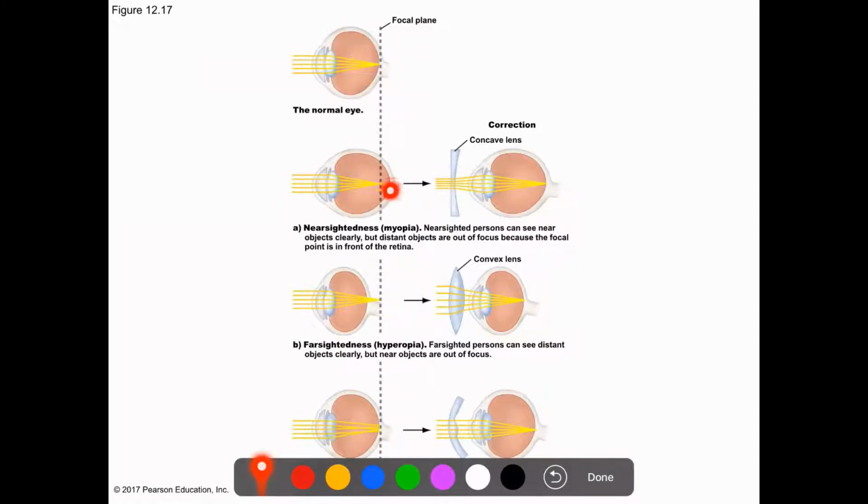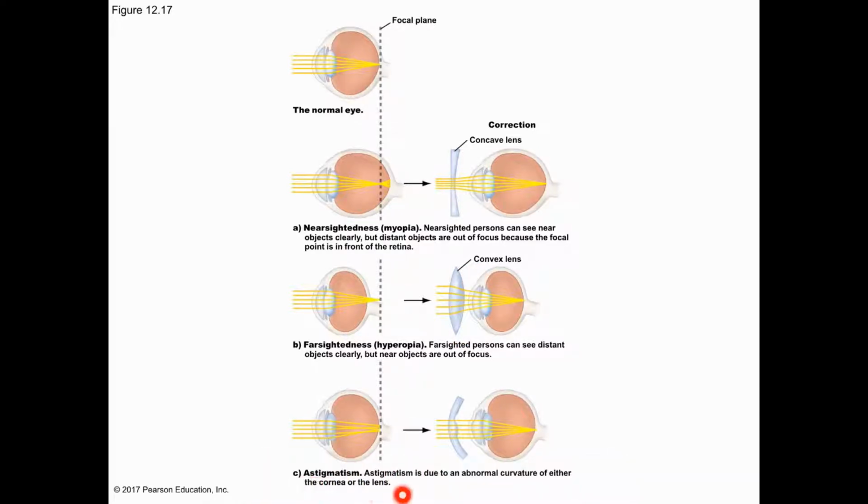So the retina would receive a blurry image, and this would be corrected through a concave lens. The other form is hyperopia, which is farsightedness. In this case, the person can see distant objects clearly, but near objects are out of focus. Why? Because near objects are going to fall behind the retina, and this will be corrected through a convex lens.